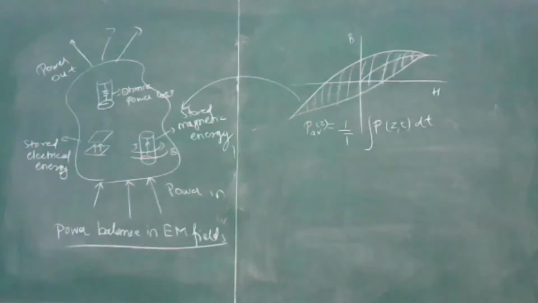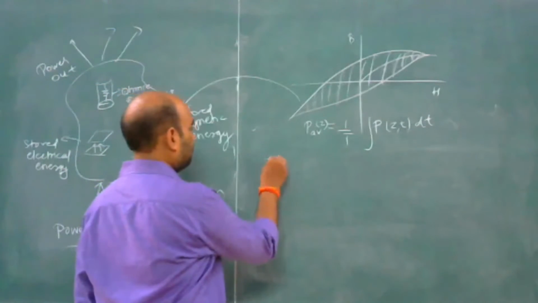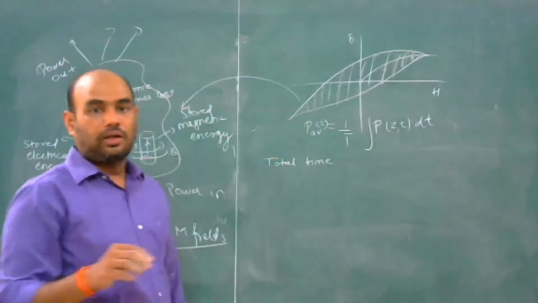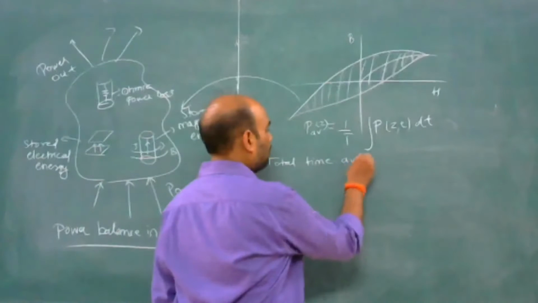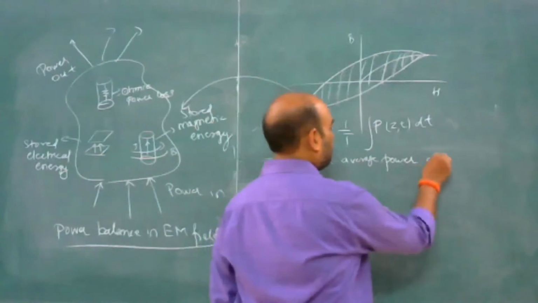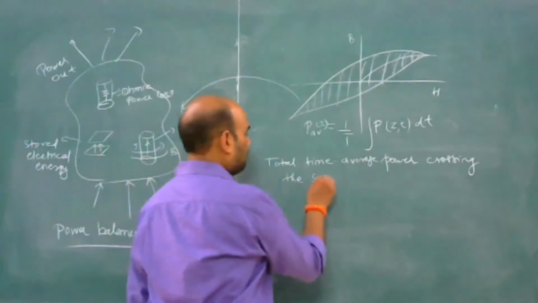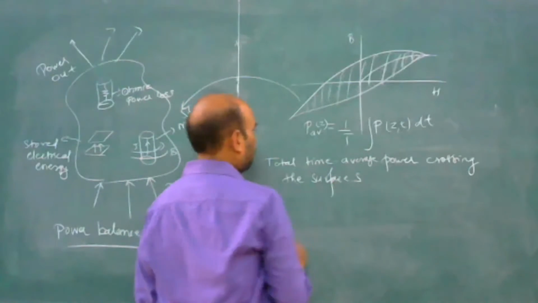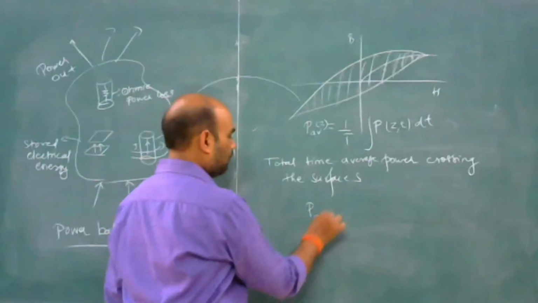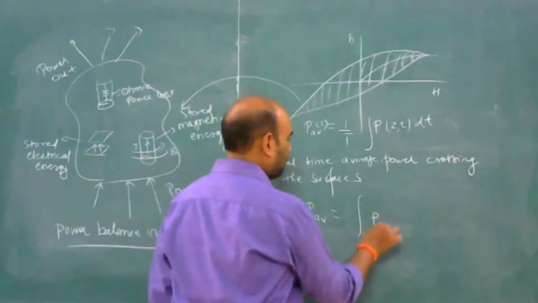Or the total time average power crossing the surface S is given by P average equal to the integration over the surface of P average.